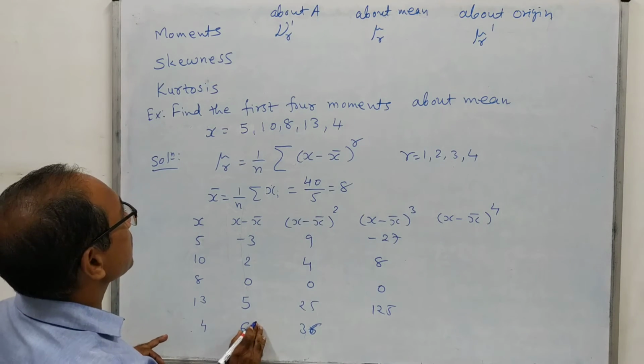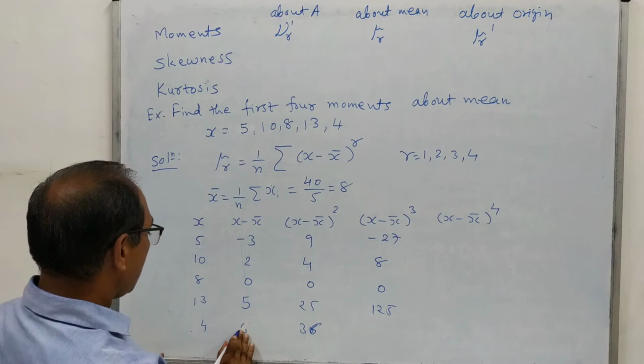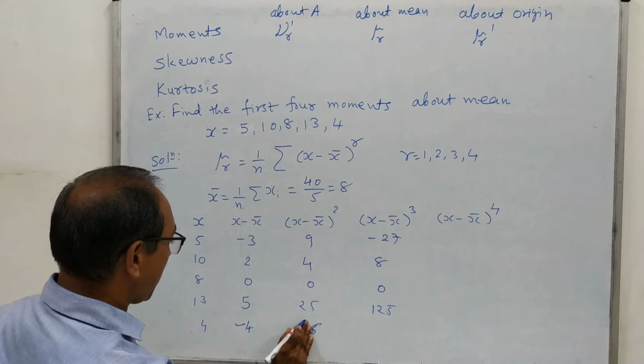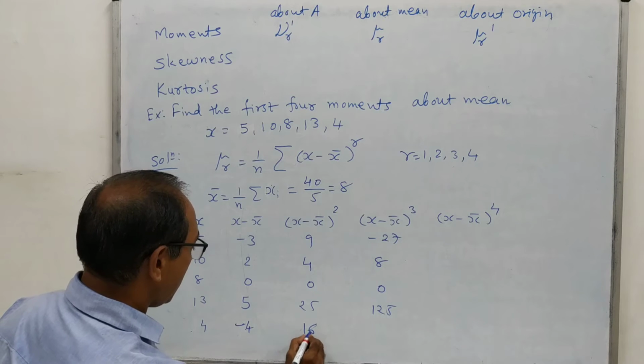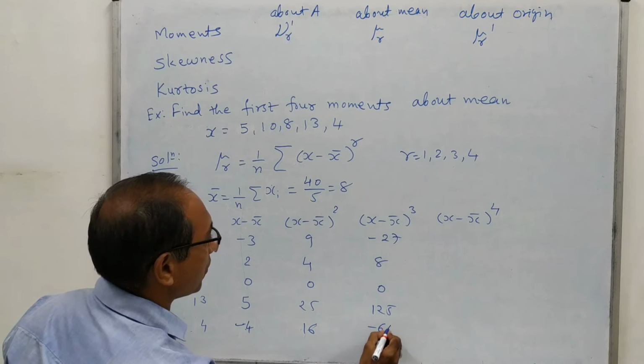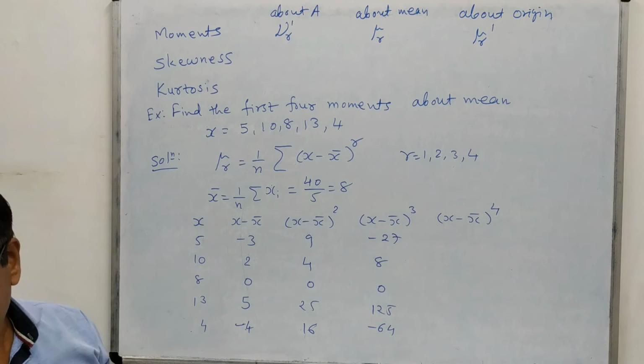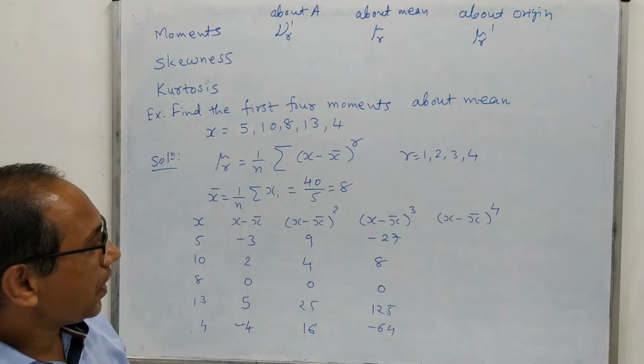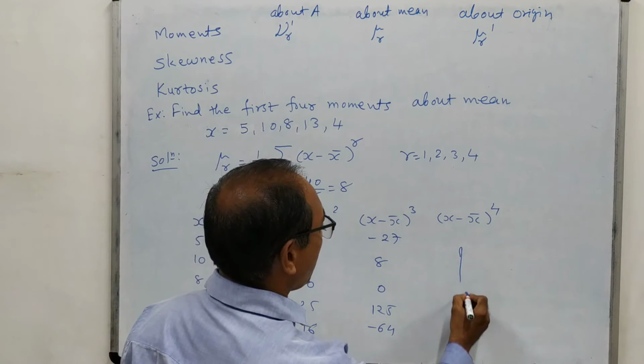So 4 minus 8 is minus 4, the square is 16, and the cube is minus 64. Similarly, you can find x minus x bar whole raised to 4, and this I will leave for you.